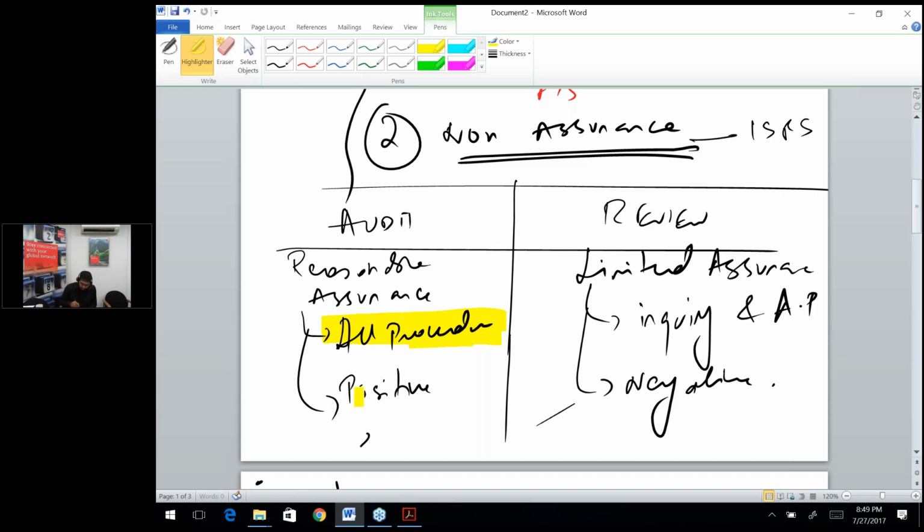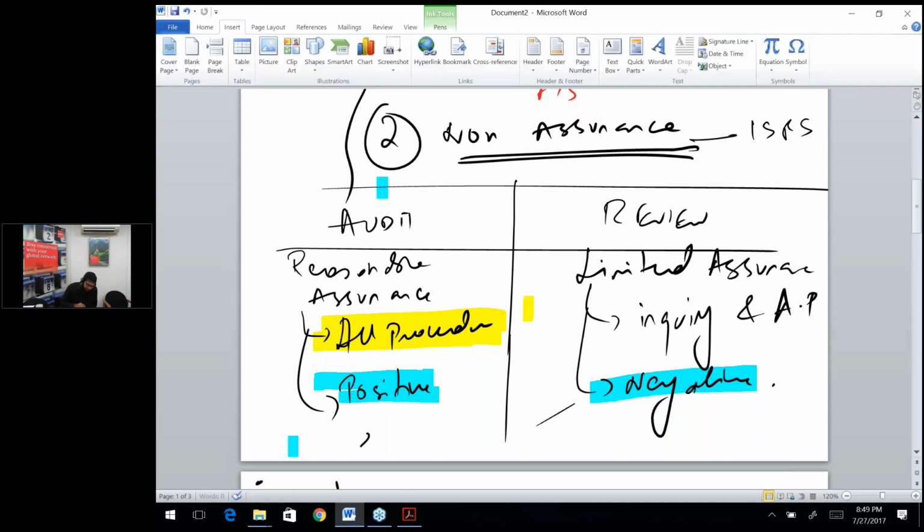Whenever we give an audit opinion, we give a positive form of opinion, but in a review we give a negative form of opinion. Now, what exactly is a positive form of opinion and what is a negative form of opinion?